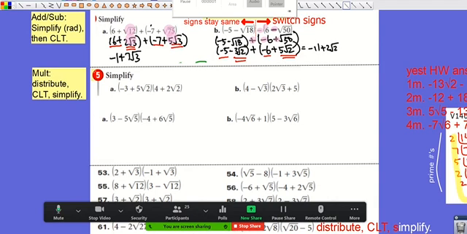With multiplying, I want you to simplify the radical last. Whereas in adding and subtracting we simplified first, when it comes to multiplying we are simplifying last.